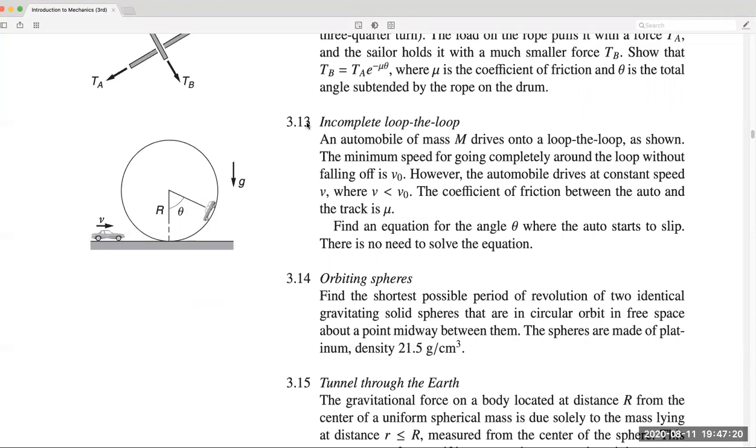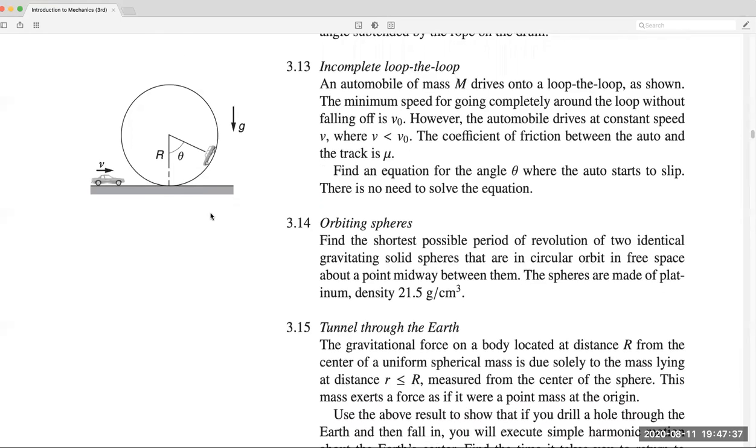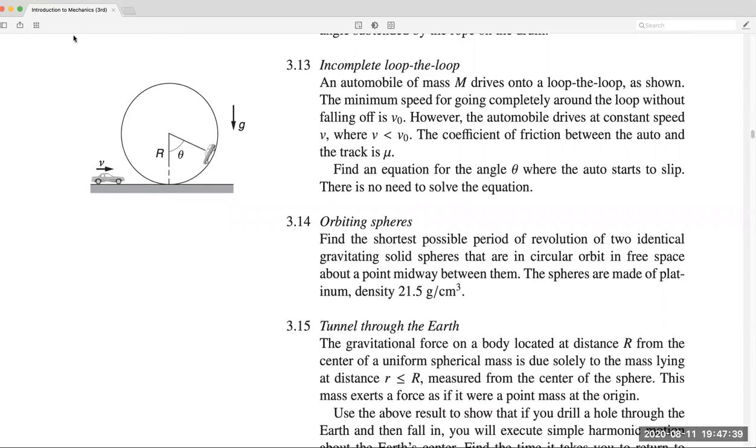Now, you can see the question told you that there is no need to solve the equation. That means this is not a simple algebraic equation. Most probably, it is calculus. You need to use integration, or it may even be an ODE.